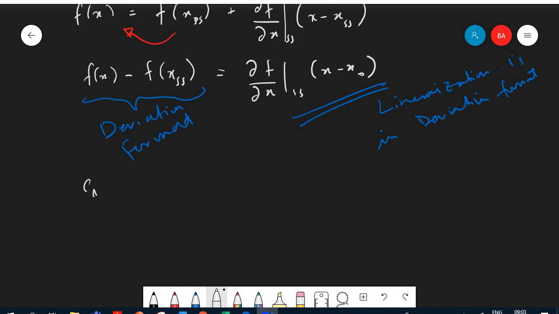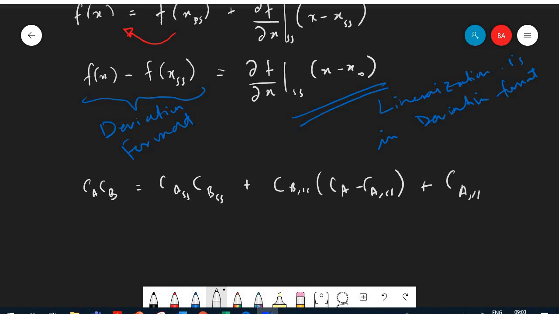And where we said that Ca Cb is equal to Ca steady state into Cb steady state, plus the first derivative with Ca, which was Cb, so that was Cb at steady state into Ca minus Ca at steady state, plus Ca at steady state, that's the derivative, into Cb minus Cb steady state.